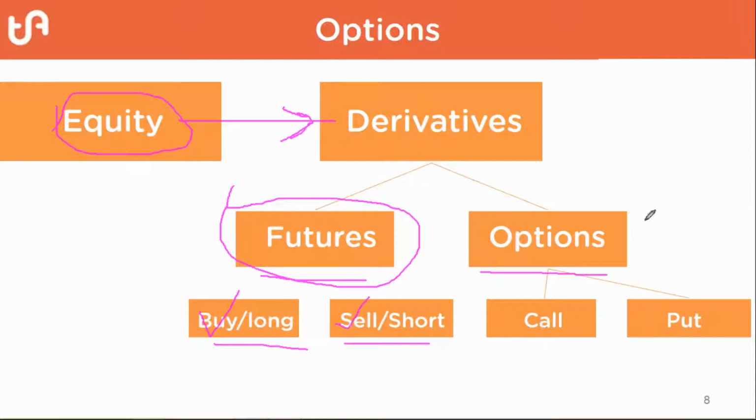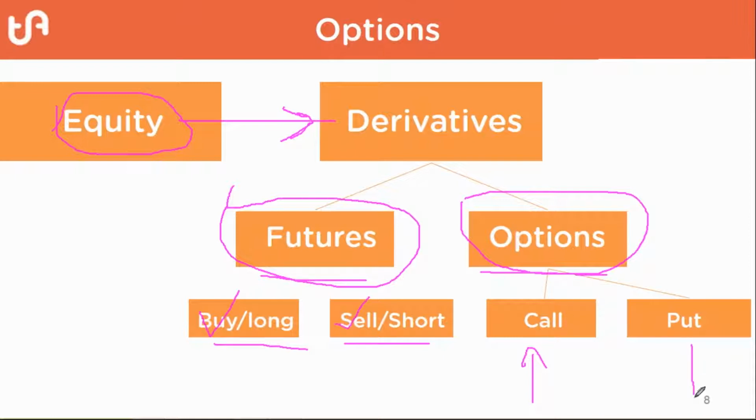Options is another derivative of the equity. So for the underlying movement, you have another instrument called options. In the case of options, let's say you expect a particular stock to be bullish or to go up, you always buy a call option.